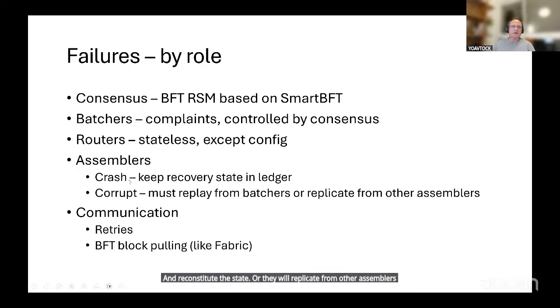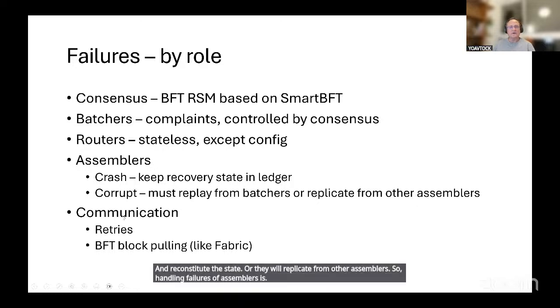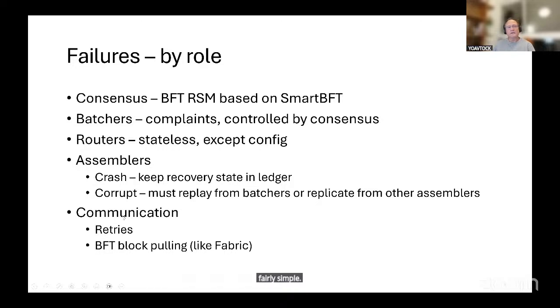So handling failures of assemblers is fairly simple. The last dimension that we needed to take care of is communication. And we use the same mechanism as in Fabric, with using retries and BFT block pulling, like in Fabric.